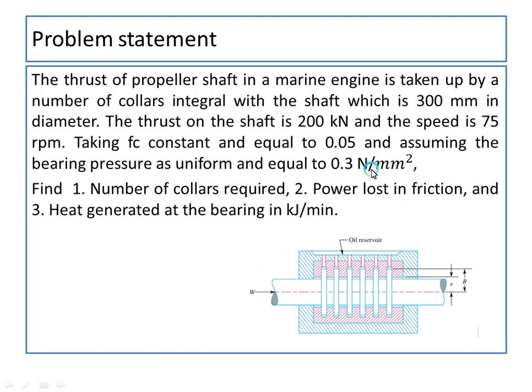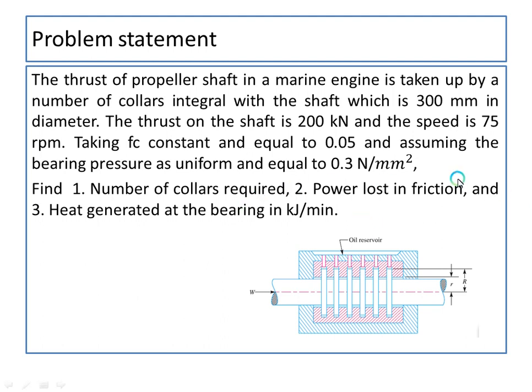We need to calculate how many collars are required for this purpose, and what is the power lost in friction and also the heat generated in the bearing in kilojoule per minute.